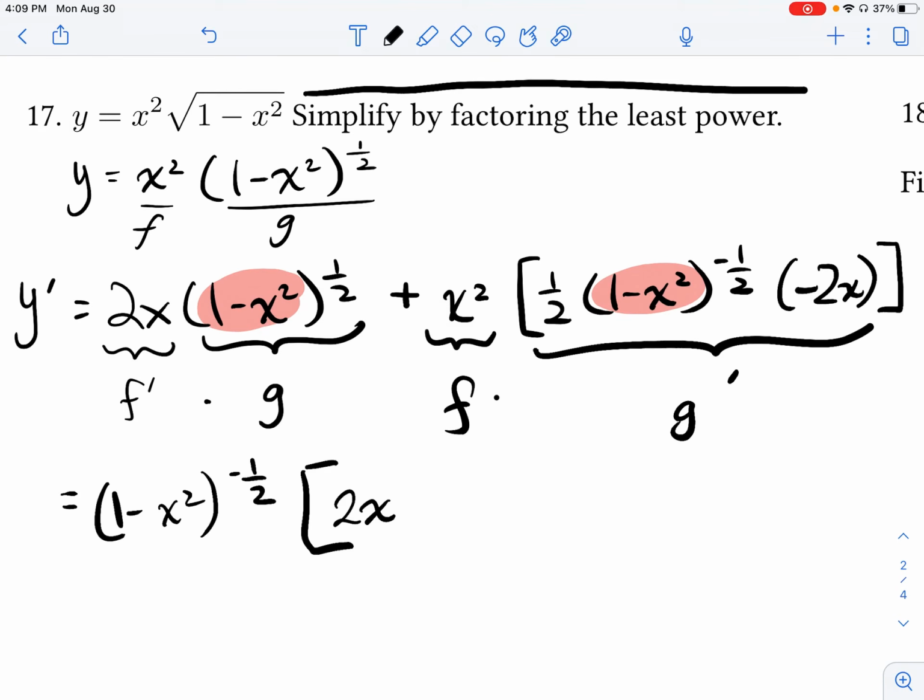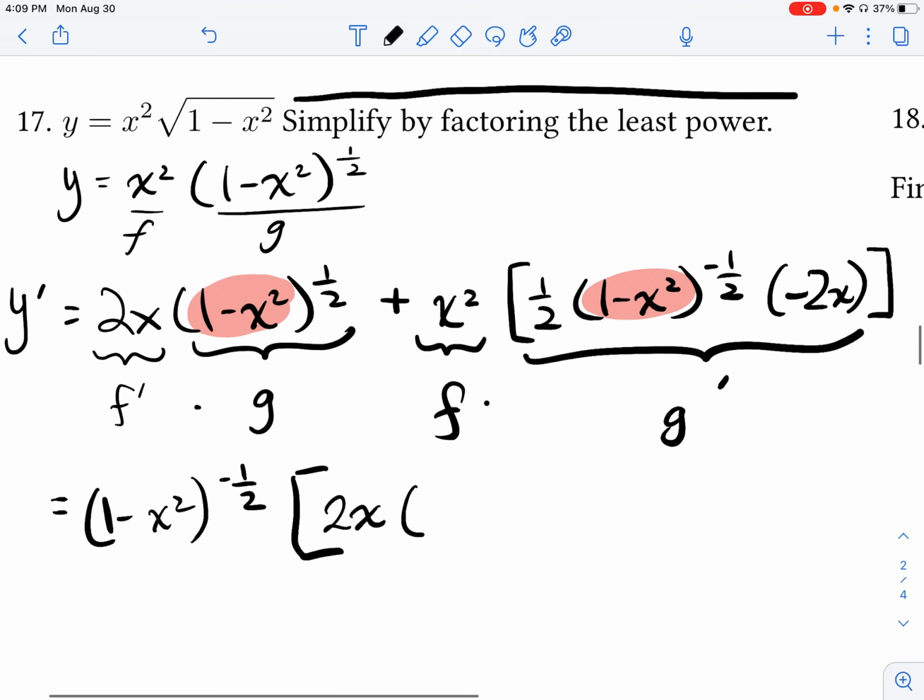If I factor out (1 minus x squared) to the negative 1/2 power, remember, when you're factoring out, what are we doing with the exponents? We are subtracting there. So this would be (1 minus x squared), 1/2 minus negative 1/2, which is just 1. So I'm going to leave that power as it is. What's left over here? Well, I've got 1/2 times the negative 2x, which is just negative x, times x squared. So that's just negative x cubed.